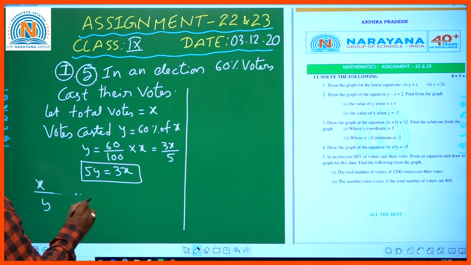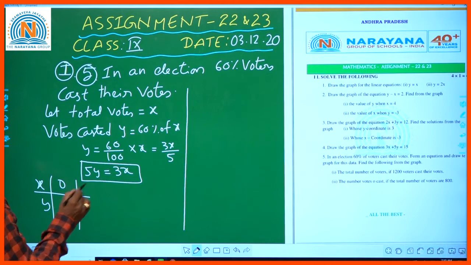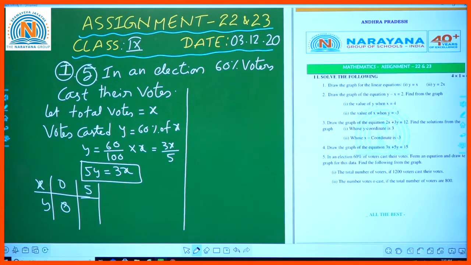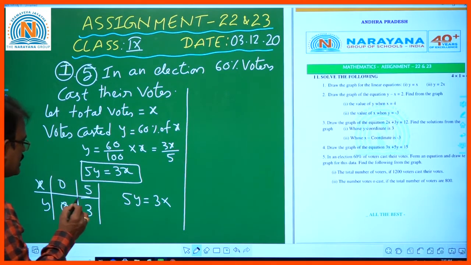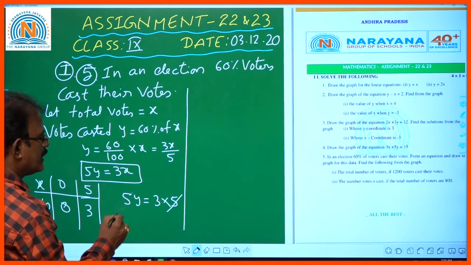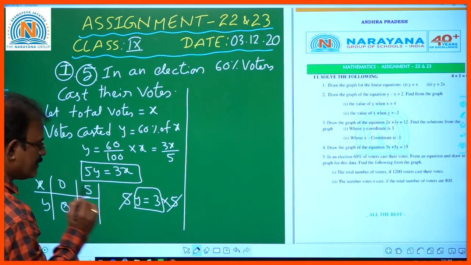x, y. First 0, if x is 0, y is also 0. If you take x is equal to 5, then 5y is equal to 3 into 5, 5 getting cancelled, y is equal to 3.